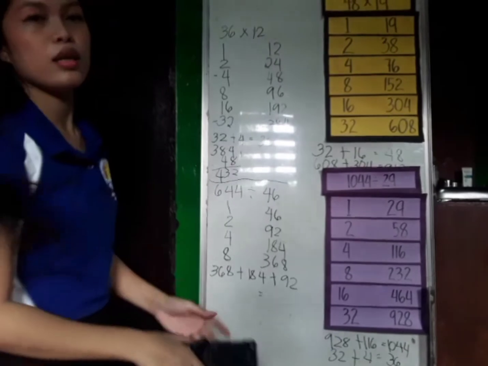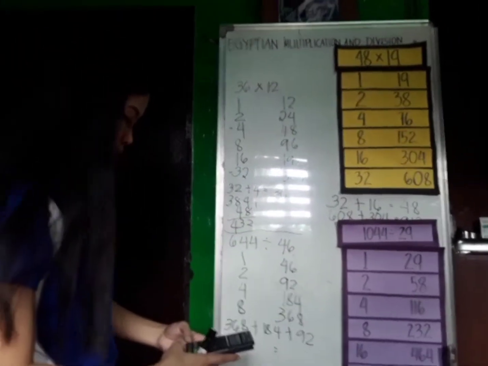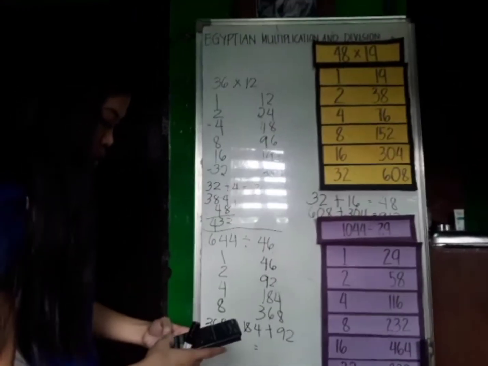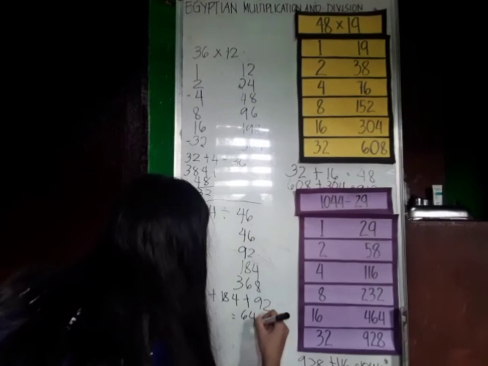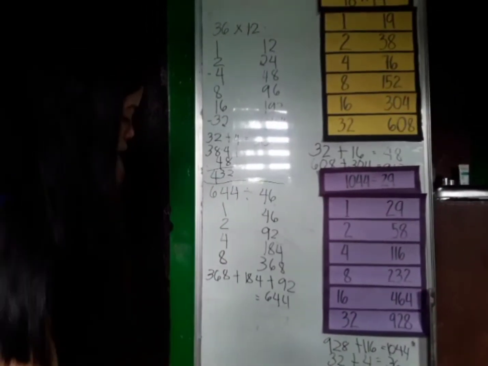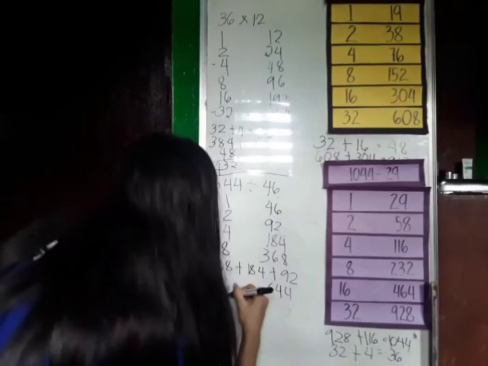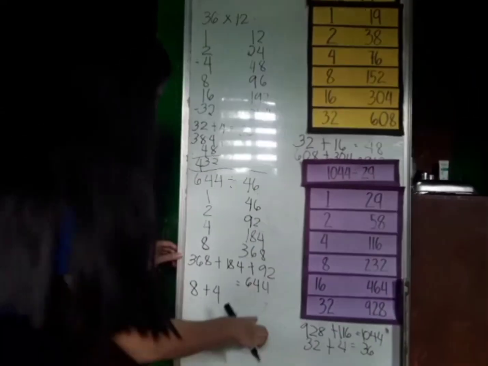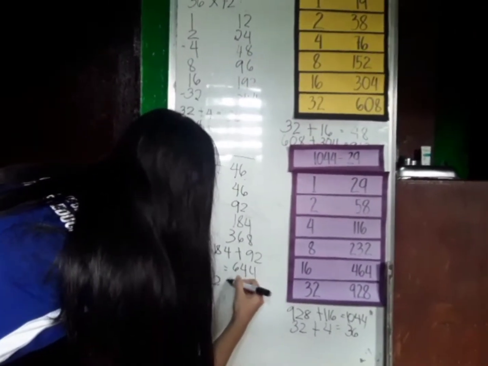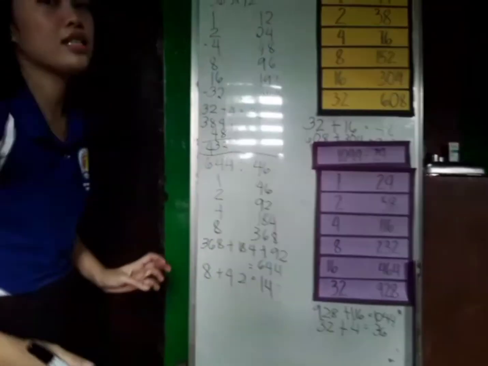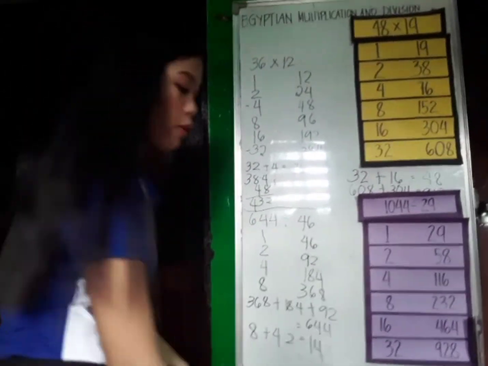Can we have 644 from these numbers? Let's try. 368 plus 184 plus 92. Yes, that is 644. So in the first column, for 368 we have 8, for 184 we have 4, and for 92 we have 2. The answer would be 14. So that's the quotient of 644 divided by 46.